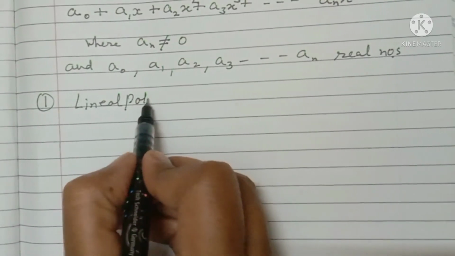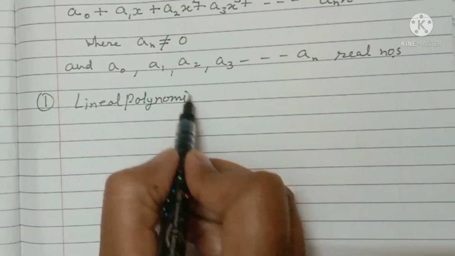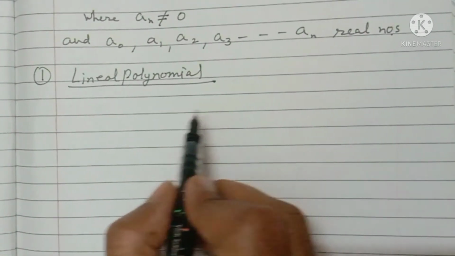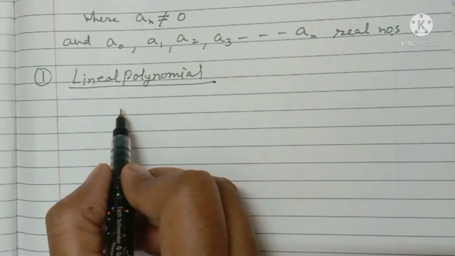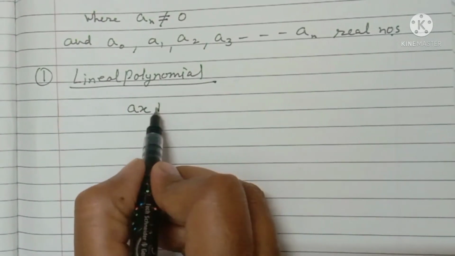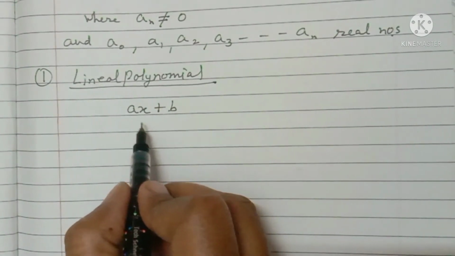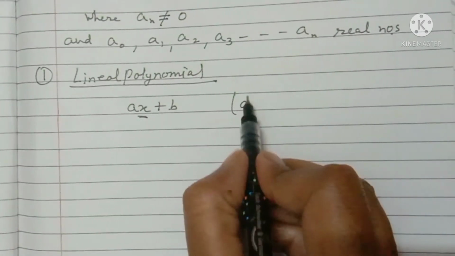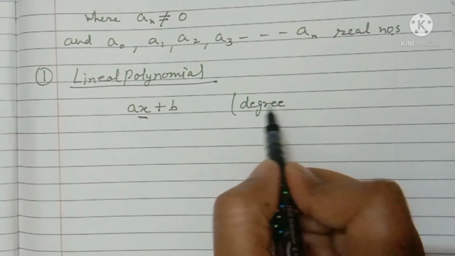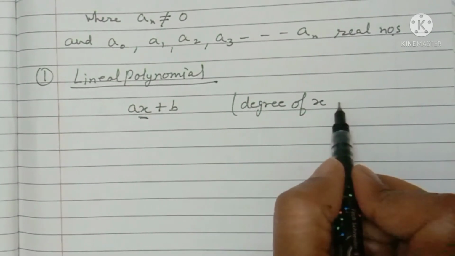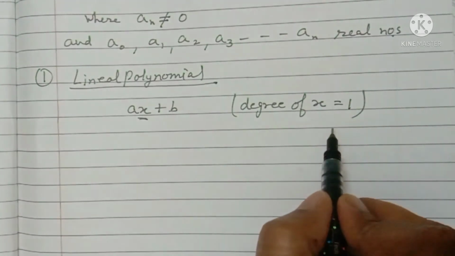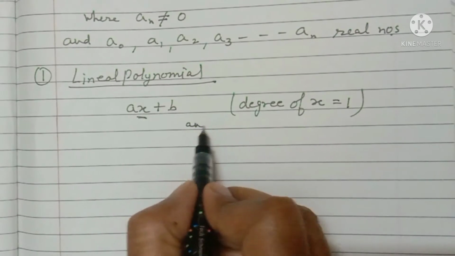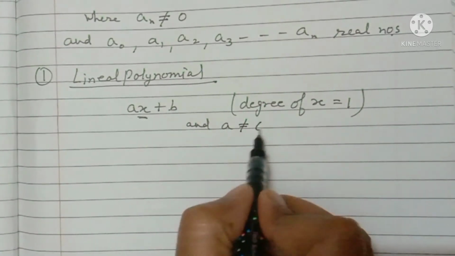If a polynomial is in the form ax plus b, here the degree of x is equal to 1, and a is not equal to 0.